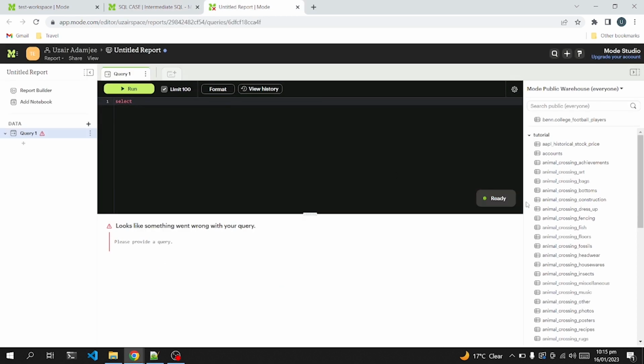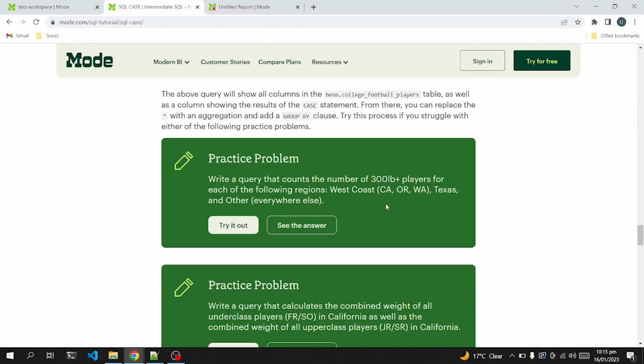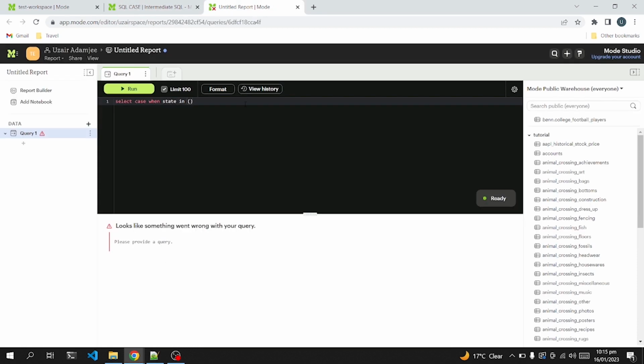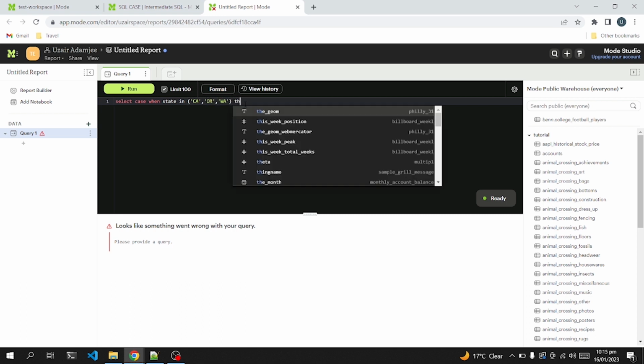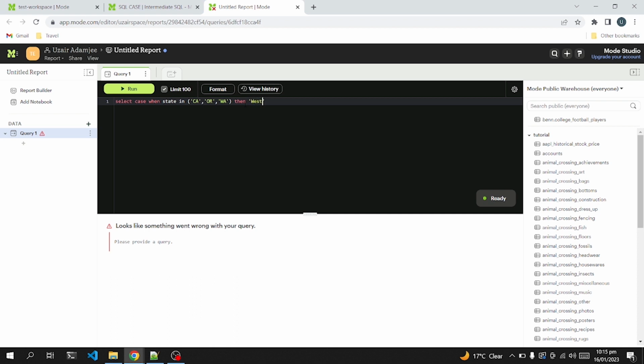Select case when region, oh sorry, state in CA, OR and WA, then West Coast.